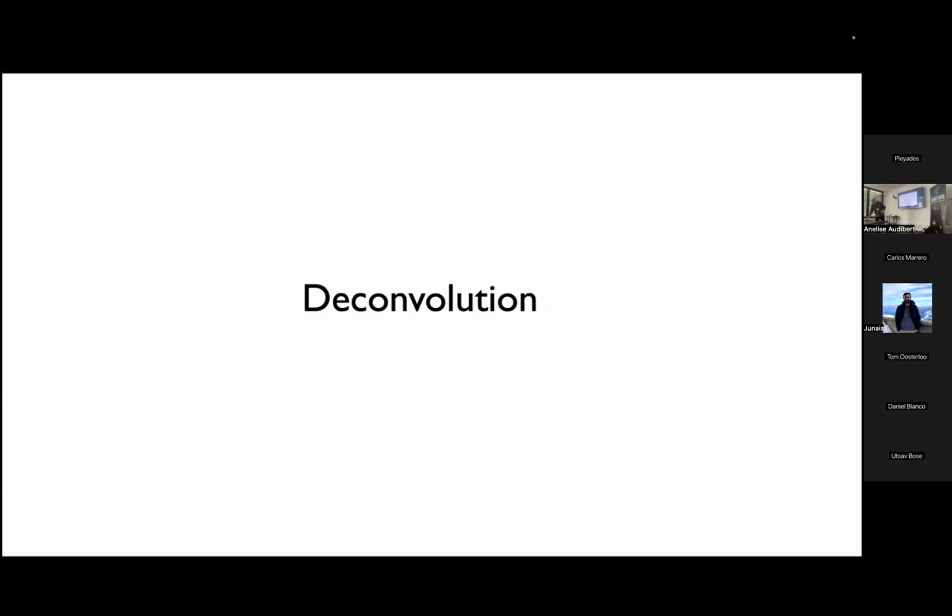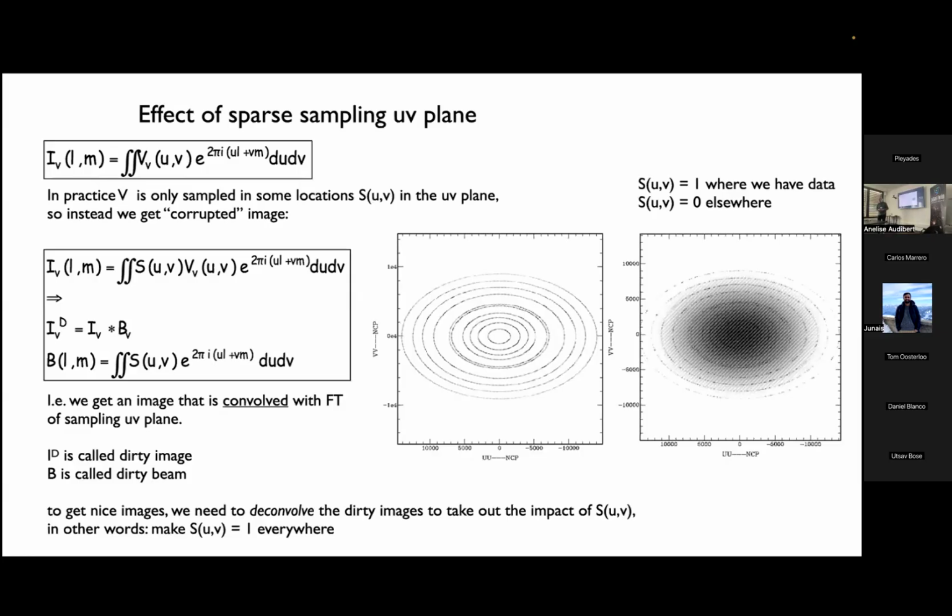Sorry? Oh, perfect. Deconvolution. As I said in the beginning, I want to highlight two aspects that are really different in interferometry compared to optical or infrared imaging. One is what we call the deconvolution. Deconvolution is the process that takes care of the fact that we have a very poor sampling of the aperture plane.